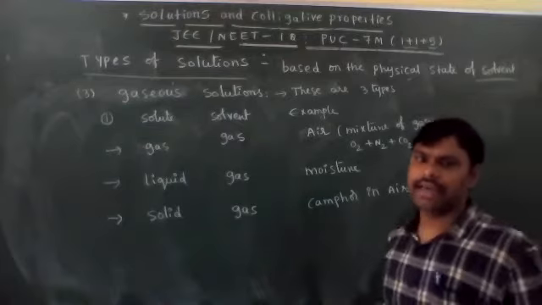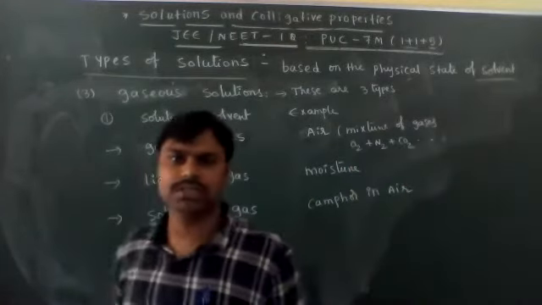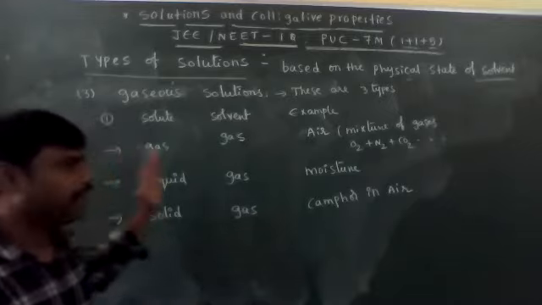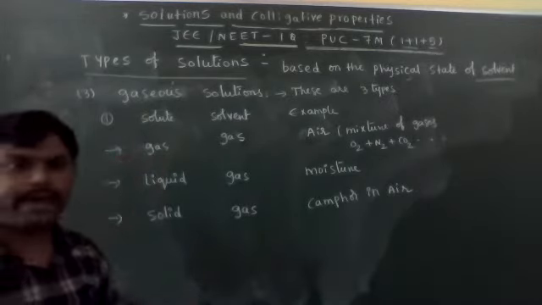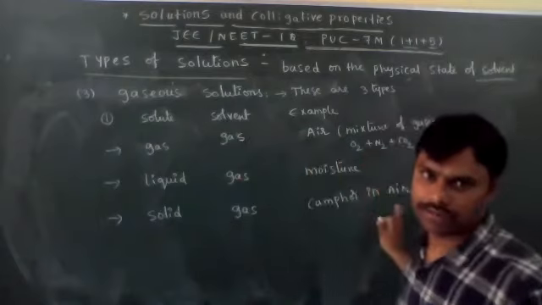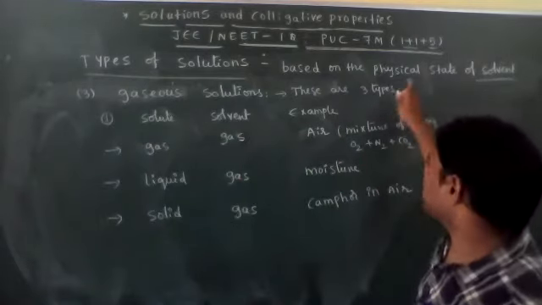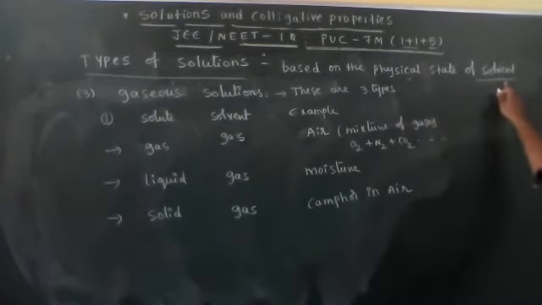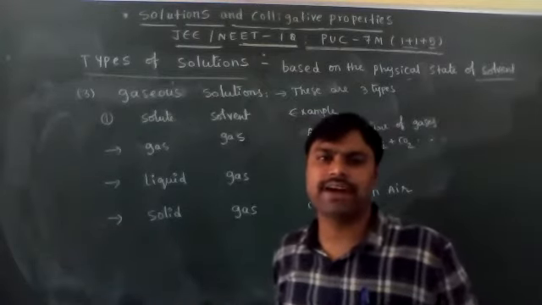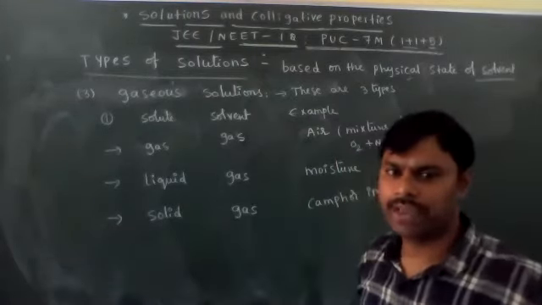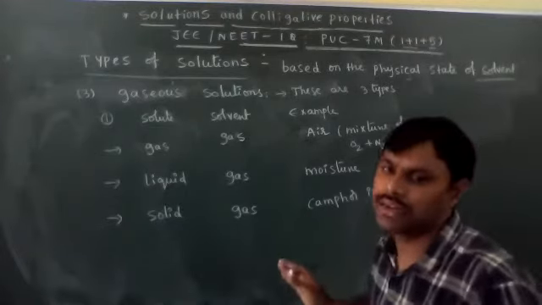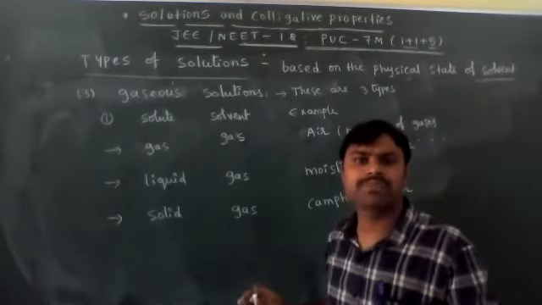Okay, these are the mainly 3 types of solutions. Based on the physical state, solutions are divided into three types, and every type is again subdivided into three types, and I gave examples. Examples are very important. We have to remember them for one mark questions or objective type.